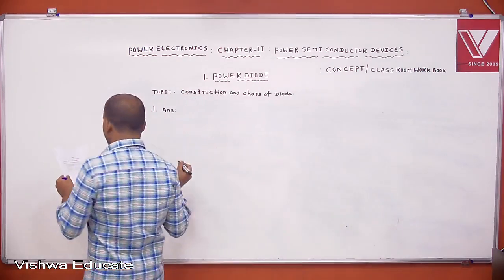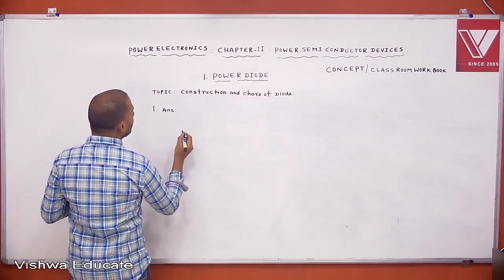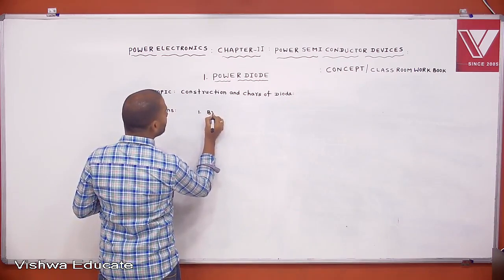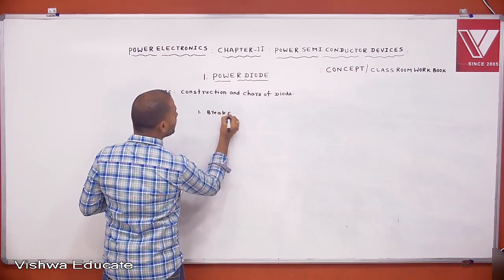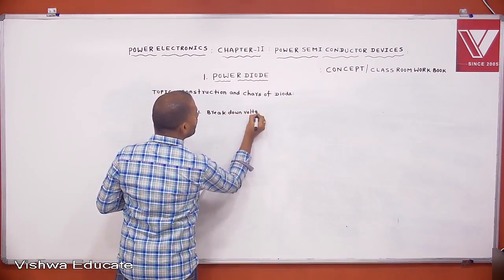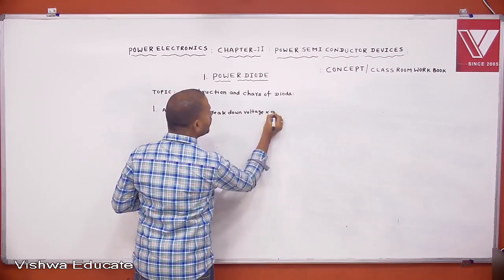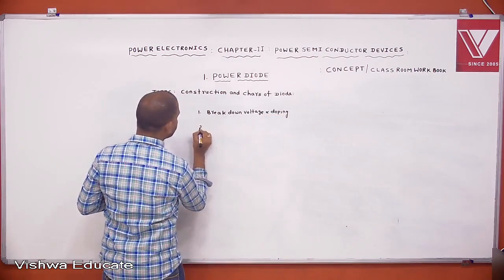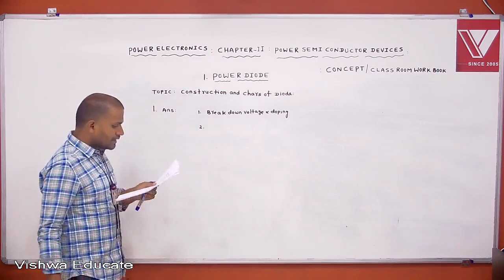That is, breakdown voltage is directly proportional to doping concentration. This is the first statement.